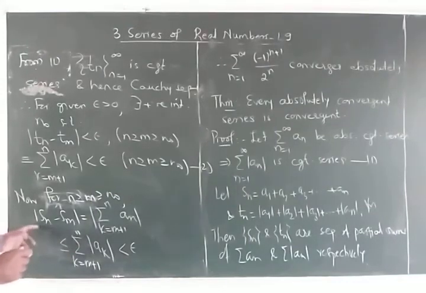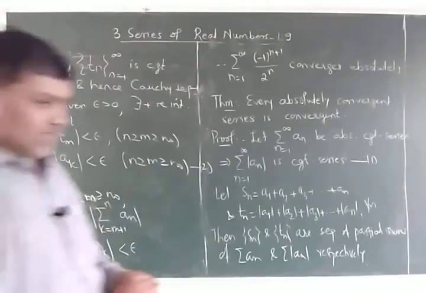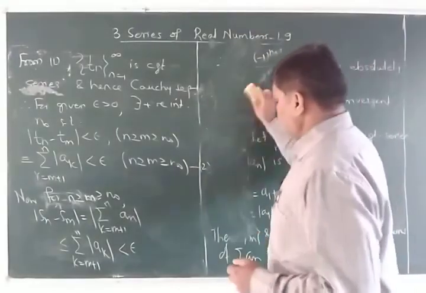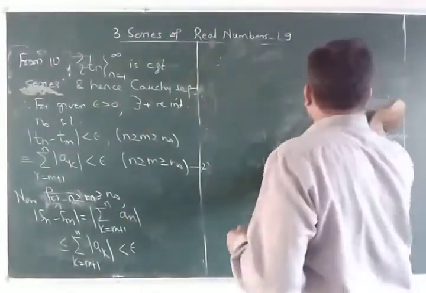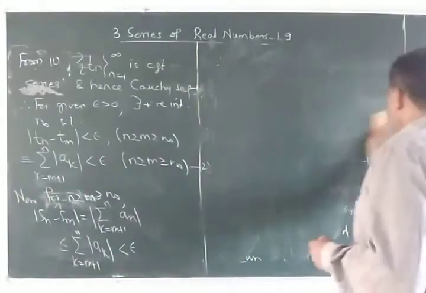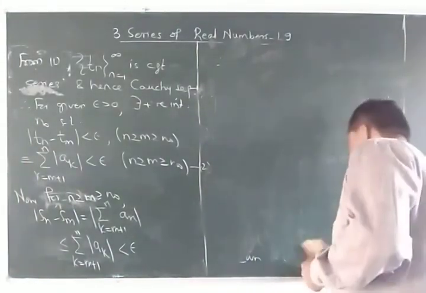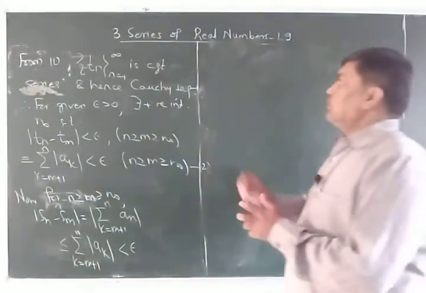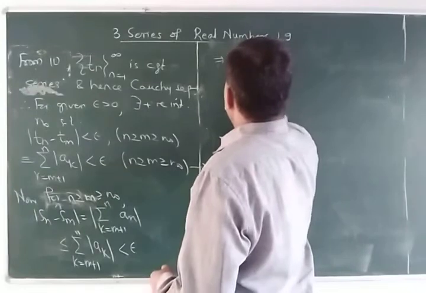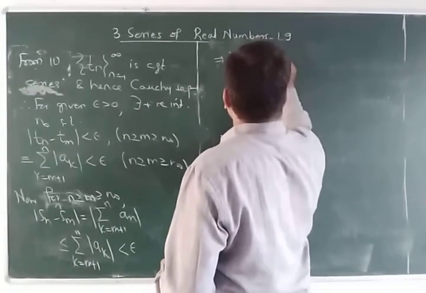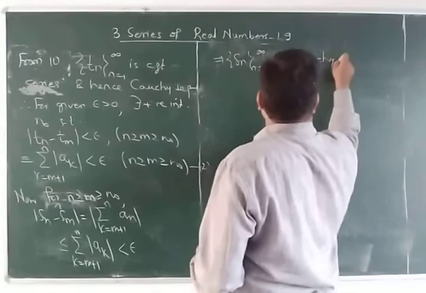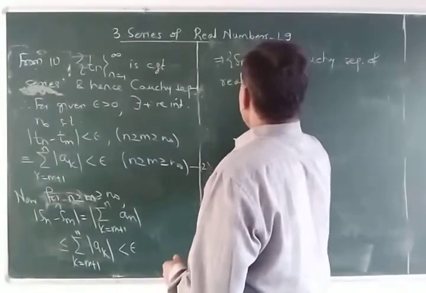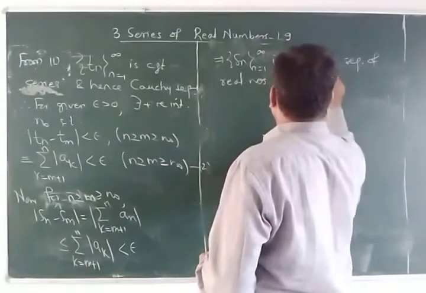Okay. This implies S_n is also a Cauchy sequence of real numbers, and hence convergent.